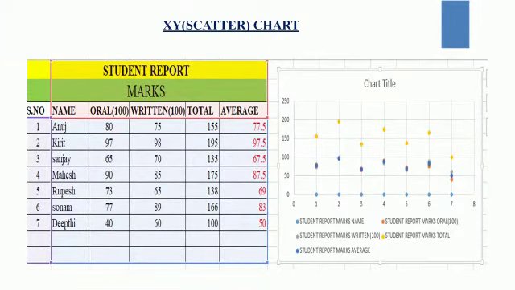Scatter chart. This chart has two value axes. One set of numerical values is displayed along the horizontal axis, that is, children, x axis, and another is represented on y axis, that is vertical axis. Each value depends upon the corresponding value of variables.